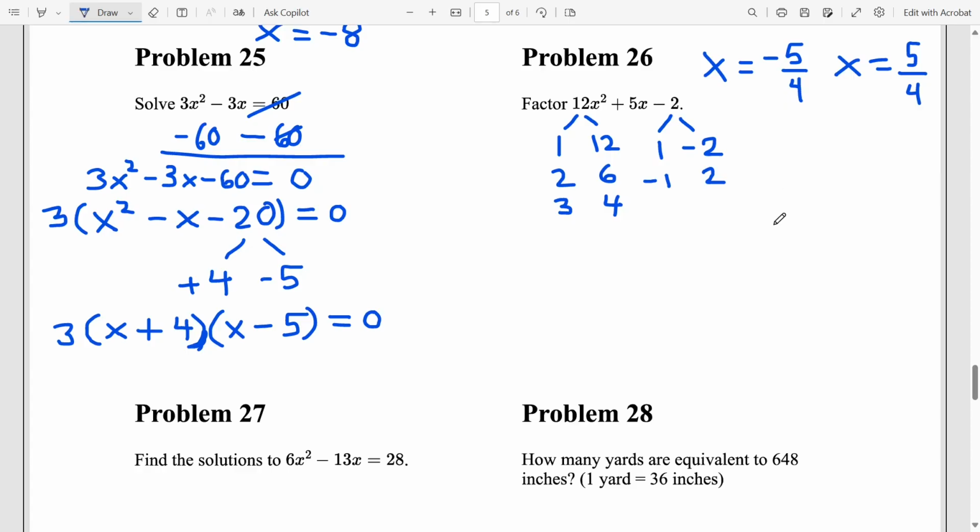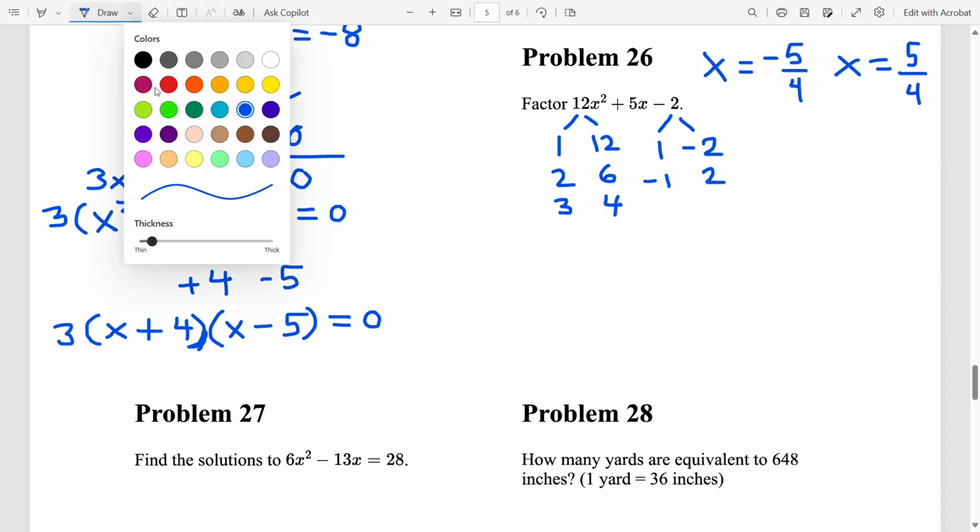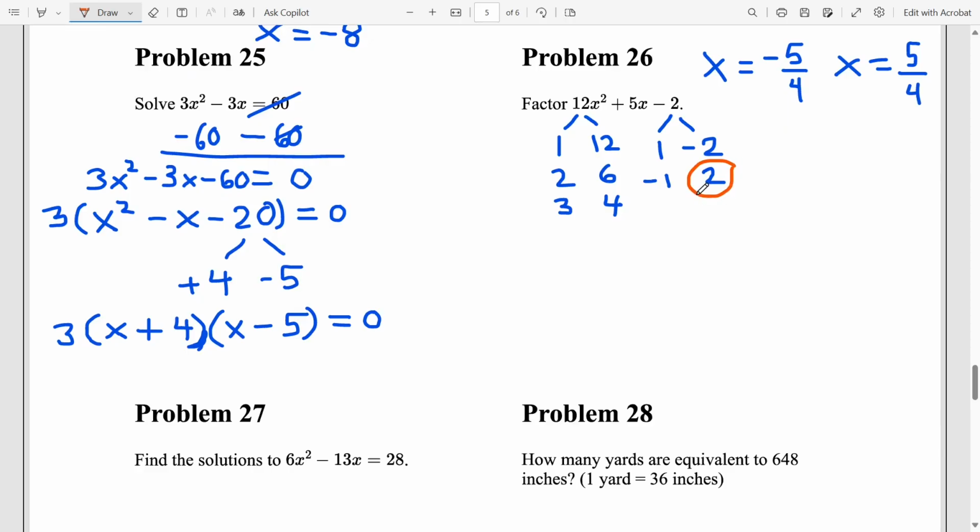Now we have to take the pairs from a and c and add the products of the pairs in such a way that we get 5, okay? So if I do 2 times 4, that gives me a positive 8.